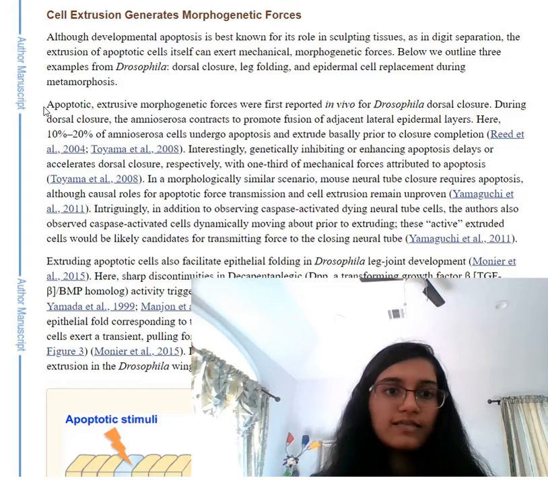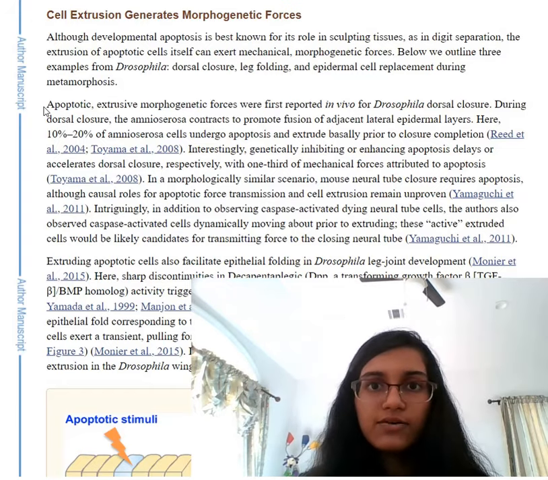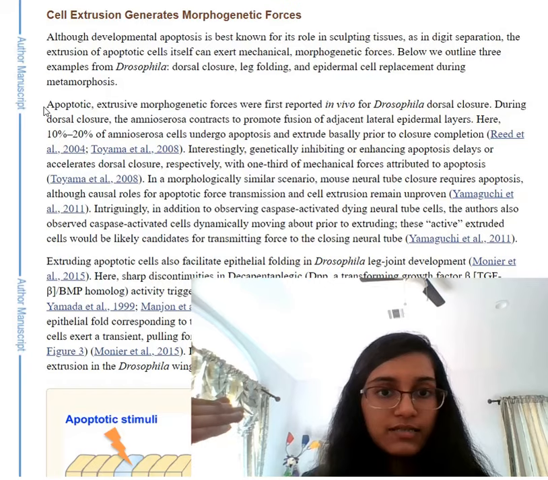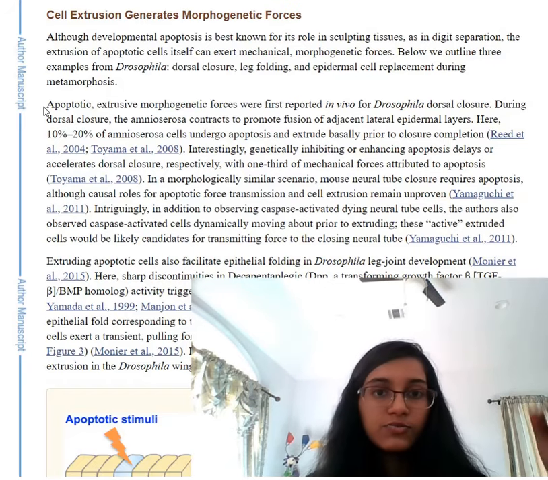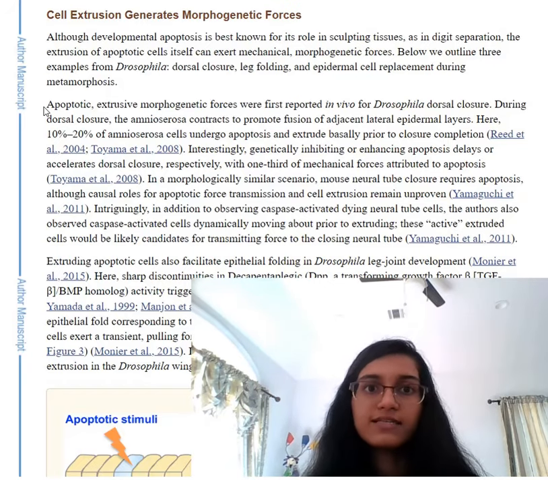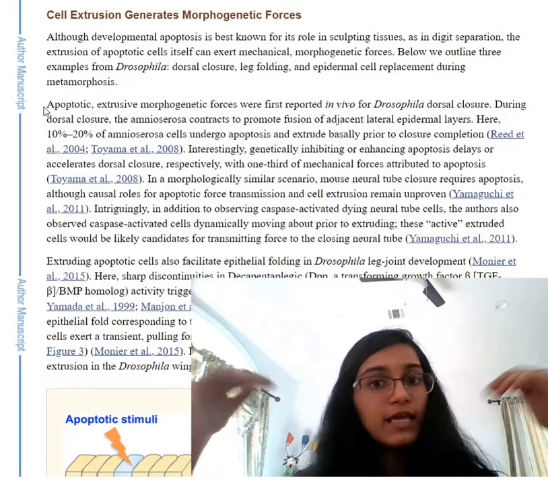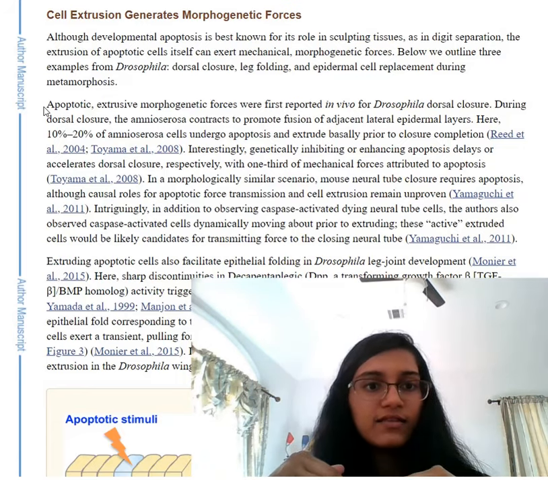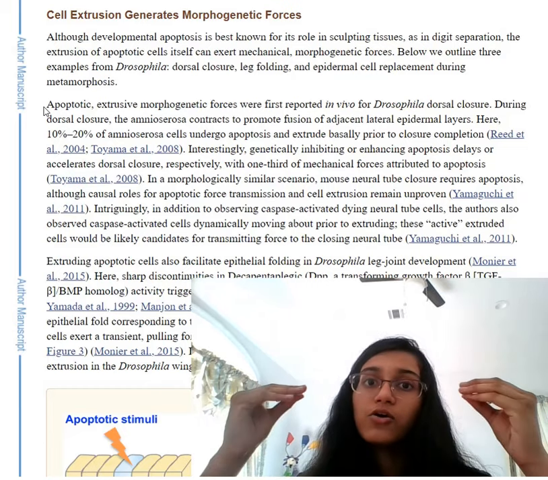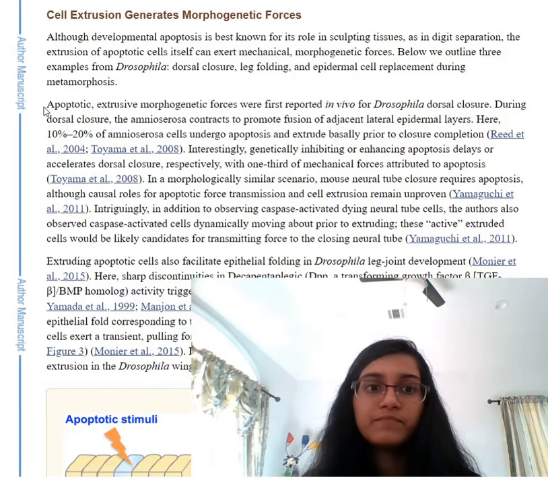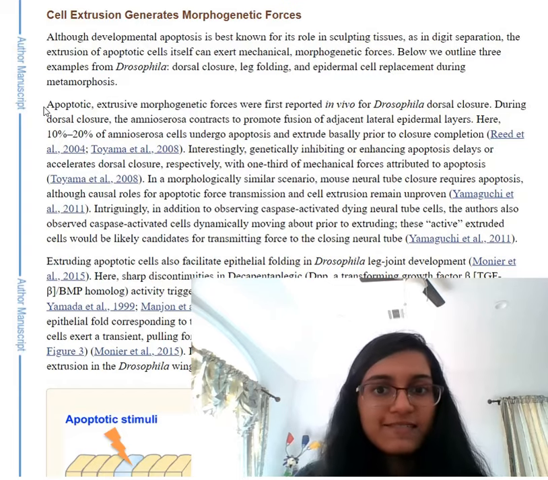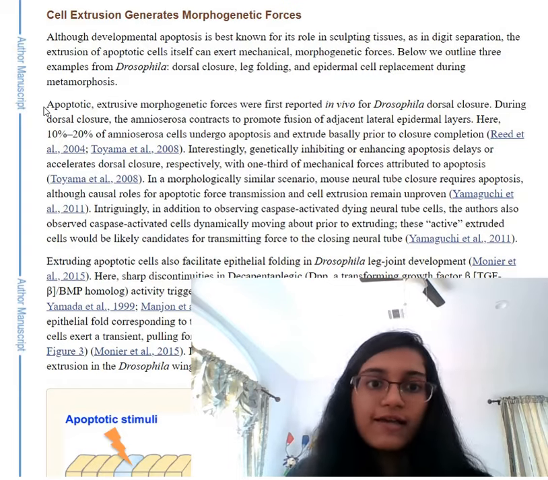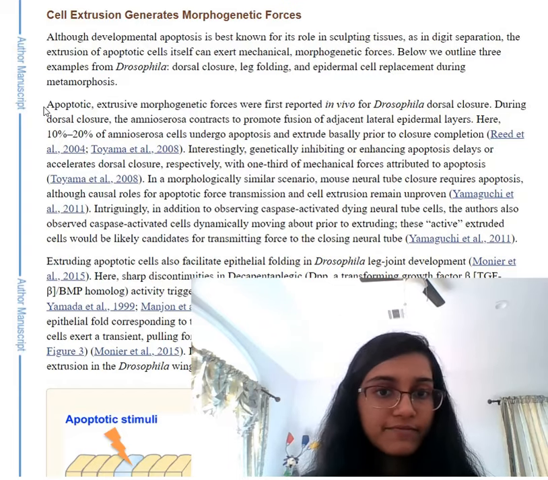So essentially, when the amnioserosa cells undergo apoptosis, as we saw in the picture below, it's a very similar process. You have the neighboring cells joining together as the apoptotic cells go to the basal side and then undergo apoptosis.